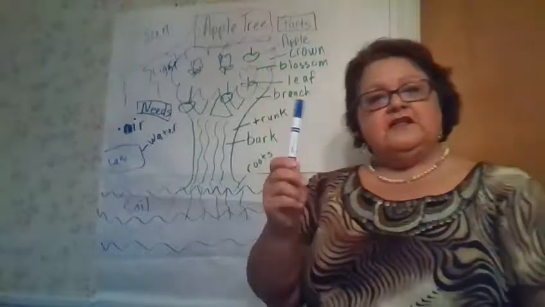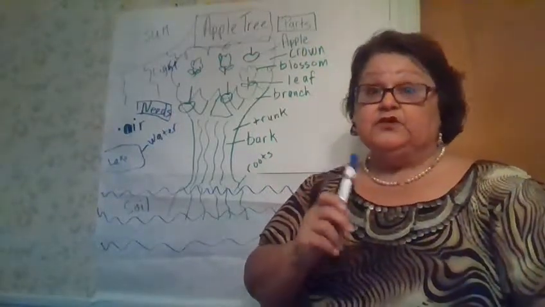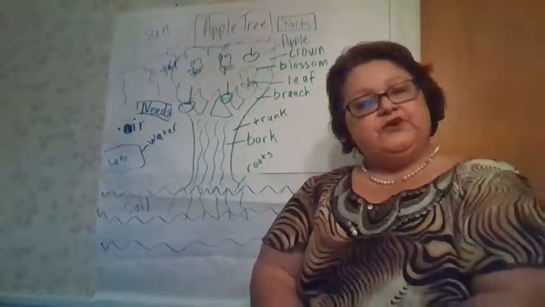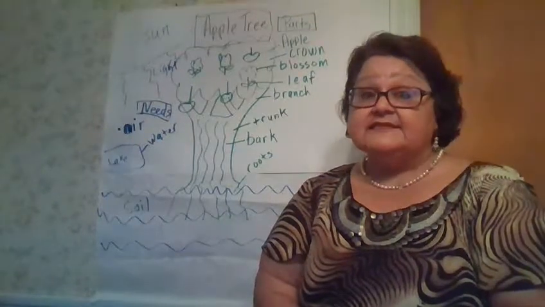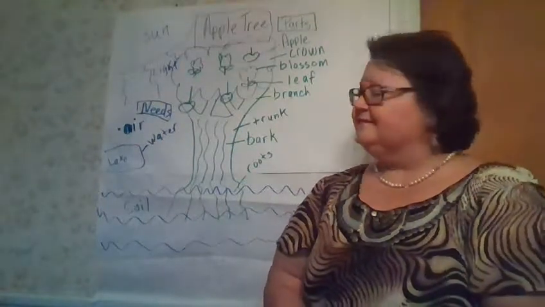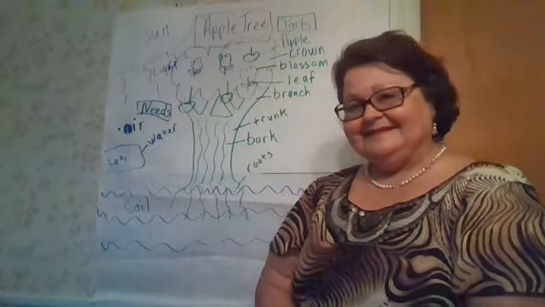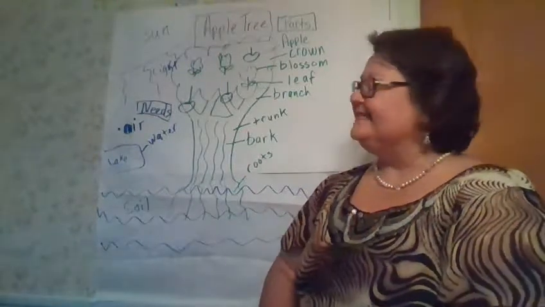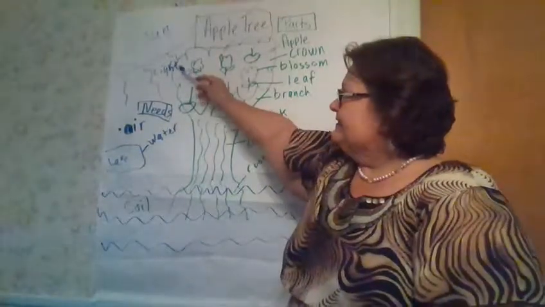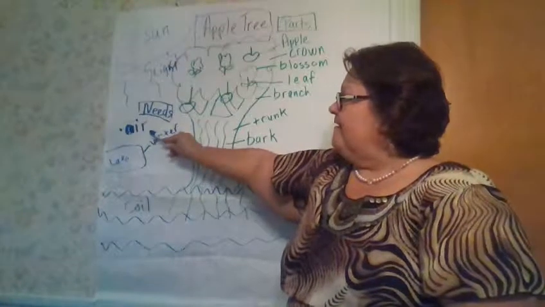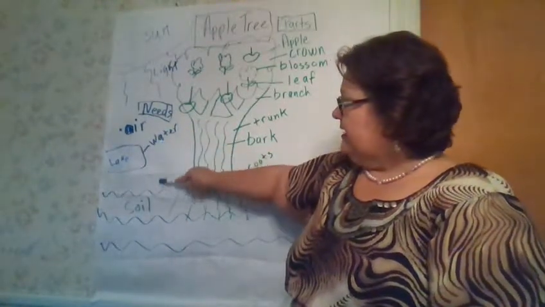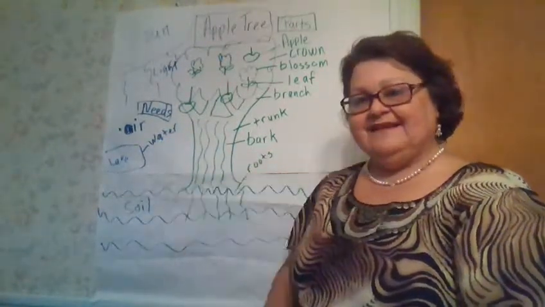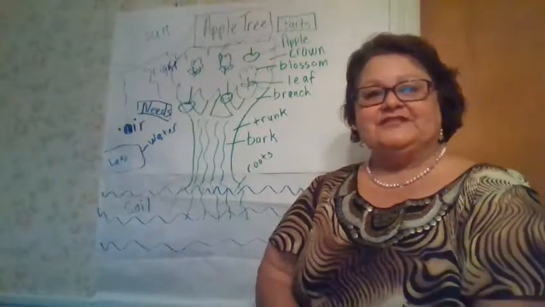And I used all of the needs in blue marker. So let's review. What are the needs of an apple tree? Can you guess? Sunlight, air, water, and soil. That's right, boys and girls.